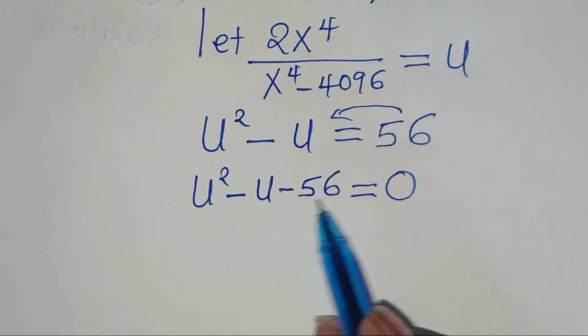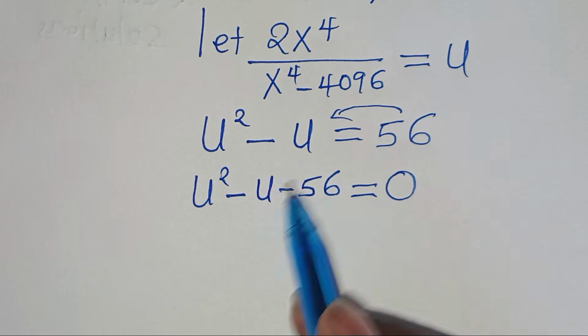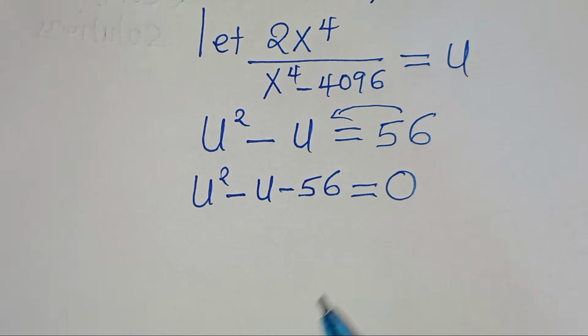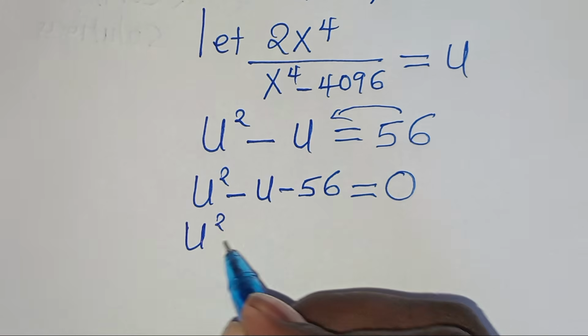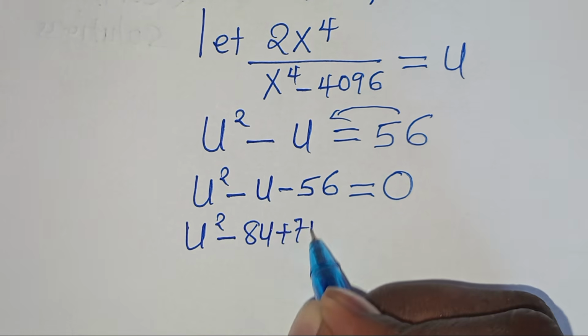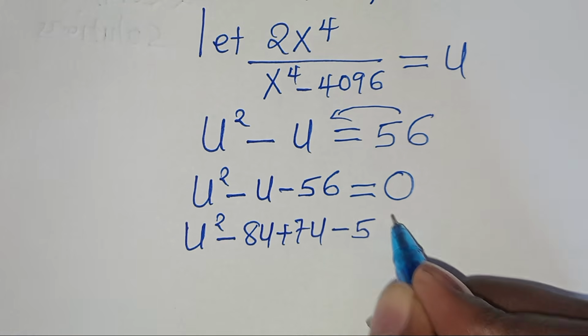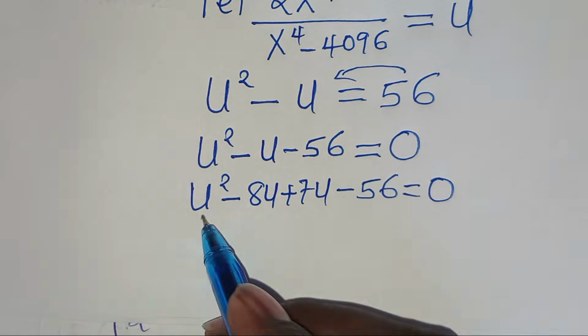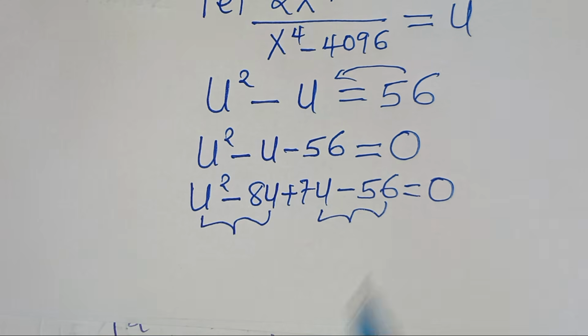This is a quadratic equation. We can solve this quadratic equation by factorization method, where we have u to the power of 2 subtract 8u plus 7u minus 56. This is equal to 0. So we have got two parts here.